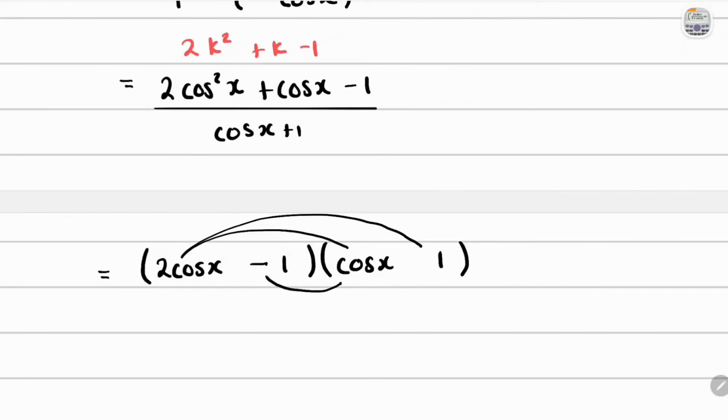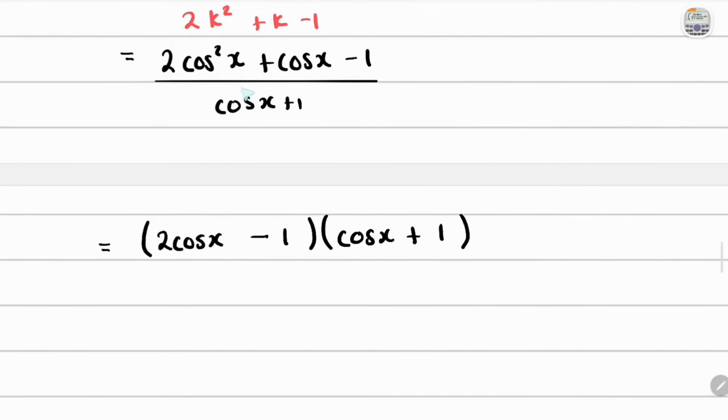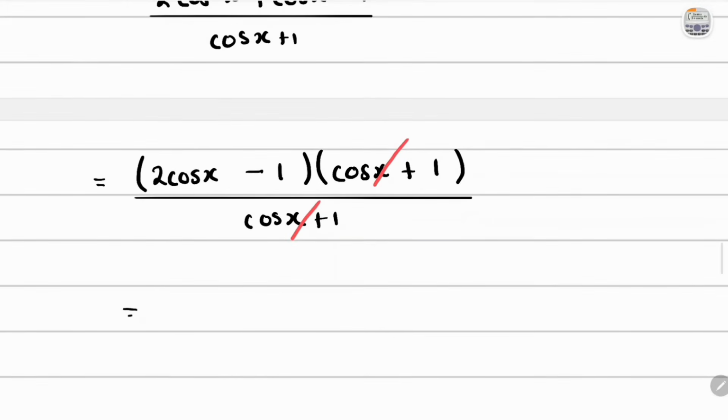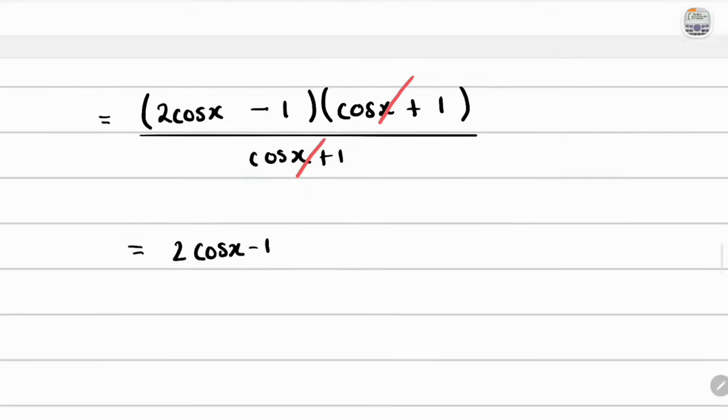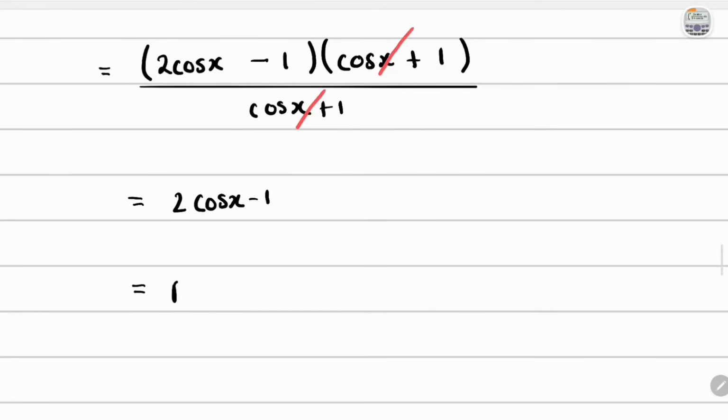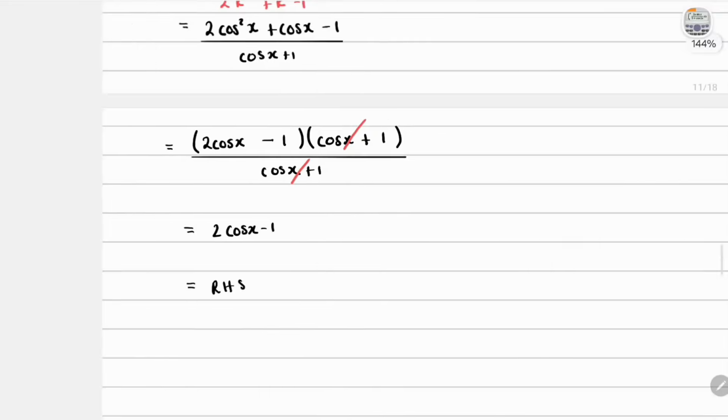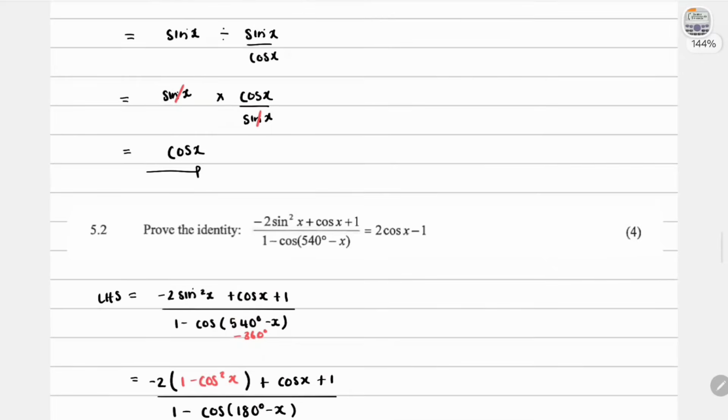So this is what our factorization looks like, and then we have cos x plus 1. Notice that we have common factors in the numerator and denominator, so they cancel. And finally, our answer is indeed 2 cos x minus 1, which is equal to the right-hand side. And there we go, we have proven this identity.